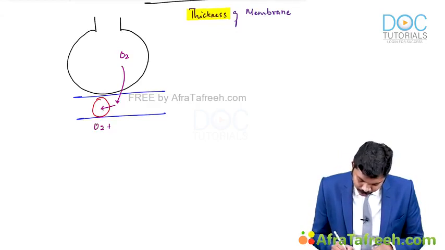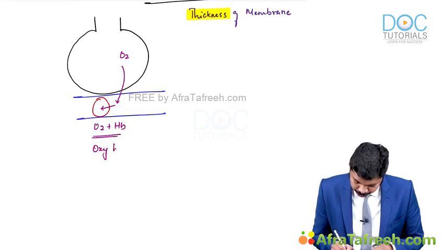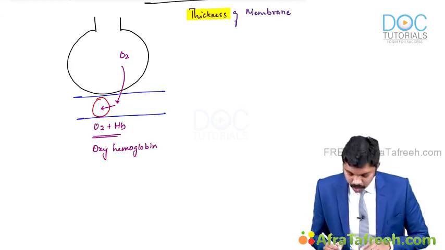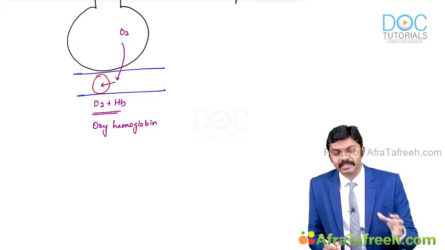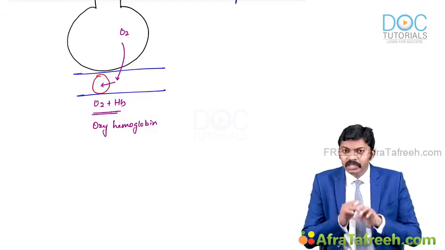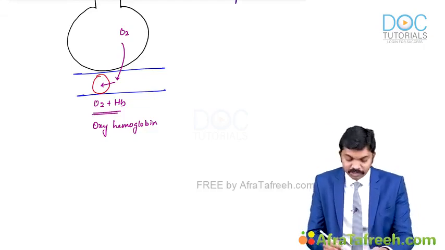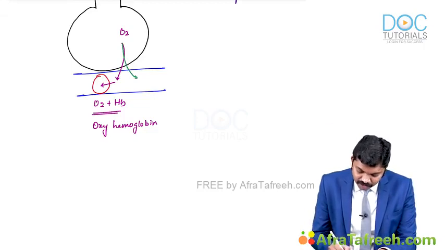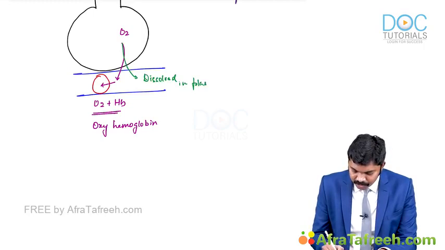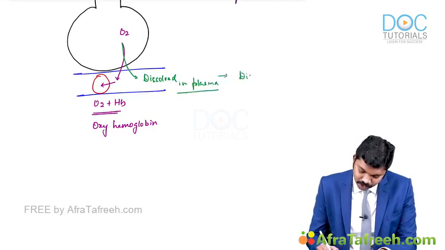Oxygen is going to combine with hemoglobin to form a compound called oxyhemoglobin. Oxyhemoglobin is the major form of oxygen carrying mechanism in blood, and when all the RBCs are saturated with oxygen, we have the second form of oxygen, which is seen dissolved in plasma. This form is called the dissolved form.